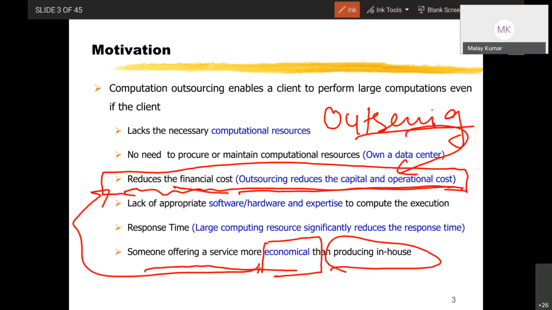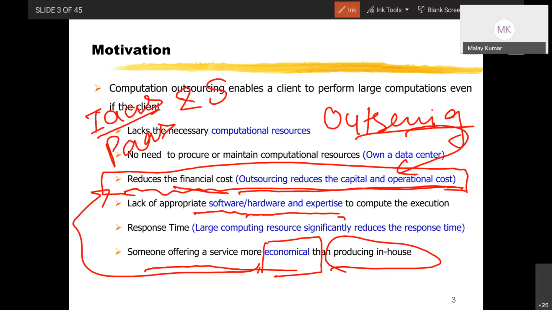Further, even if he doesn't have the required software or hardware resources, or the expertise to operate them, he or she can perform the computation. There is no need to maintain such resources, even without critical human resources. As you know, a cloud service simultaneously provides you IaaS, PaaS, and software as a service, and sometimes you may also encounter XaaS.